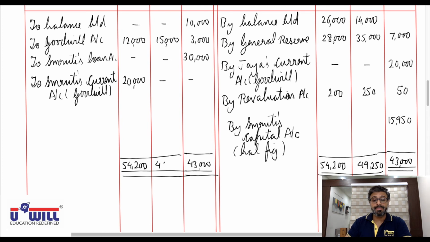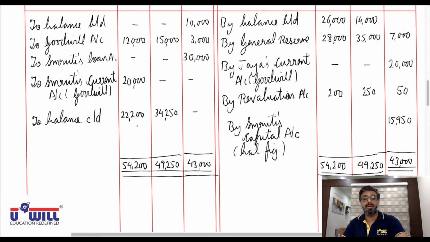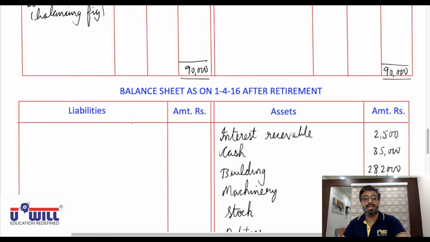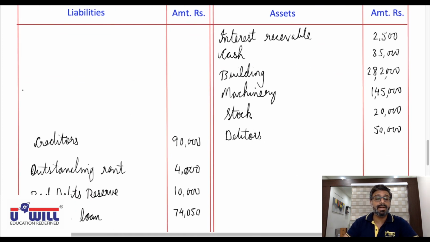54,200, 49,250. Now 54,200 minus 32,000, so 22,200. 49,250 minus 15,000, so 34,250. Two balance carried down. Now these both will come on the liability side, partners' current account 22,200 and 34,250, under the heading current account.